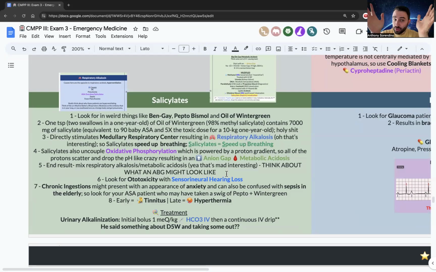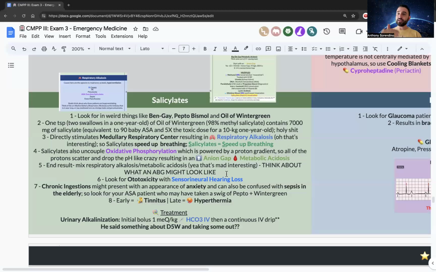However, they also uncouple oxidative phosphorylation, our friend, the electron transport chain, which is powered by this proton gradient. Remember, oxidative phosphorylation is making all that ATP. Salicylate overdose uncouples all of that.